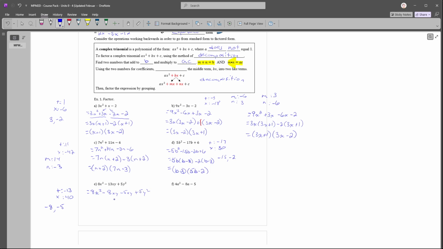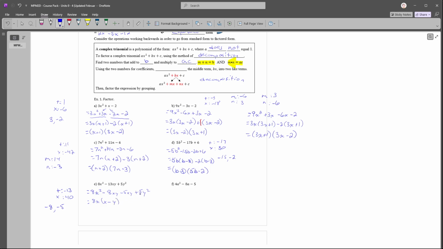You might be like, why do you take both the x and y? Because they're both here. We're decomposing this whole term, which means the variables are going to go with both values. Okay, what can we factor out? Well, obviously we can factor out an 8x. Okay, and that means we're going to have an x here, and we're going to have a minus y. Over on the next one, what can we factor out?